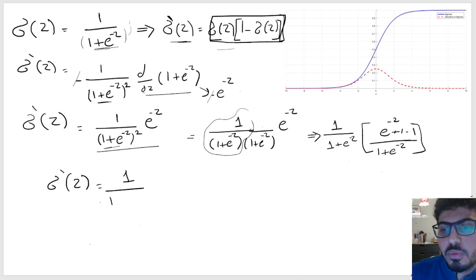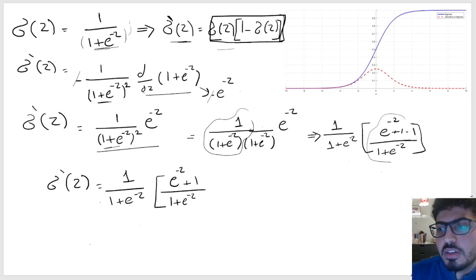1 over 1 plus e to the negative z multiplied by e to the negative z plus 1 over 1 plus e to the negative z, which is this term here, minus 1 over 1 plus e to the negative z, which is this term.